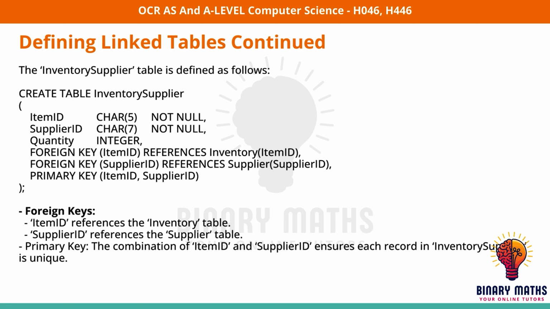The item ID in inventory_supplier must match an item ID in the inventory table, and the supplier ID must match a supplier ID in the supplier table. Primary key. The combination of item ID and supplier ID ensures each record in inventory_supplier is unique. This setup allows us to manage complex relationships between items and suppliers efficiently.